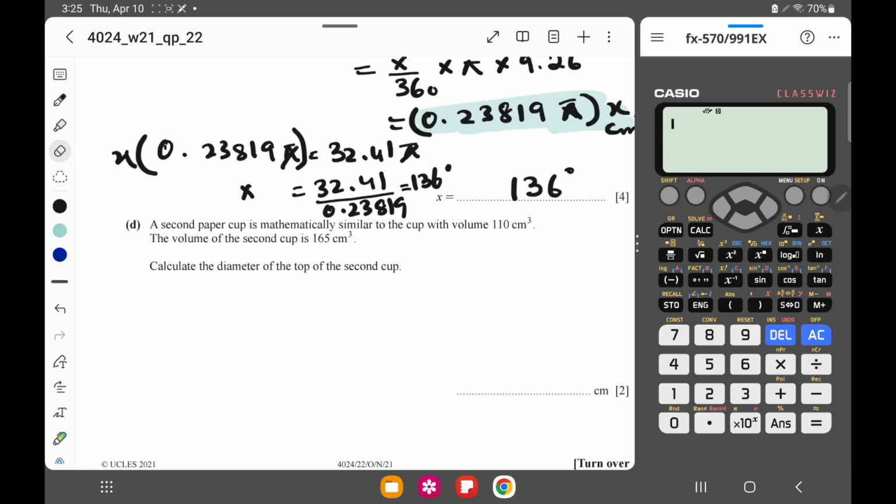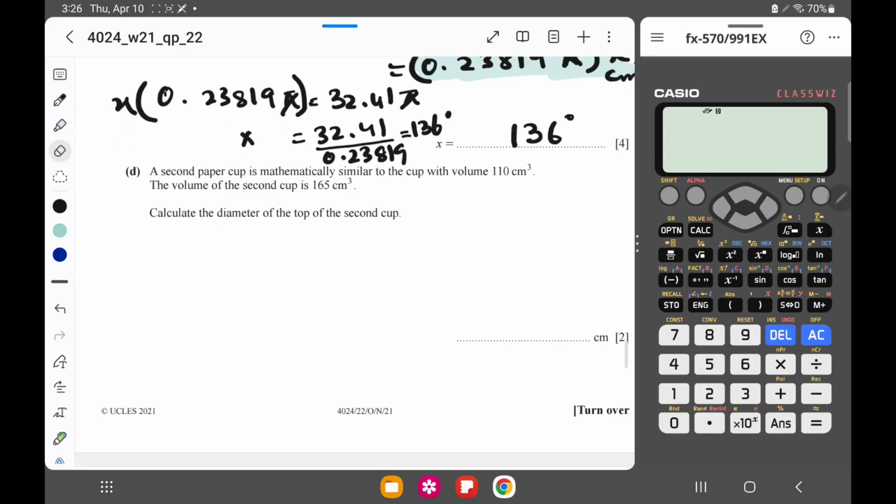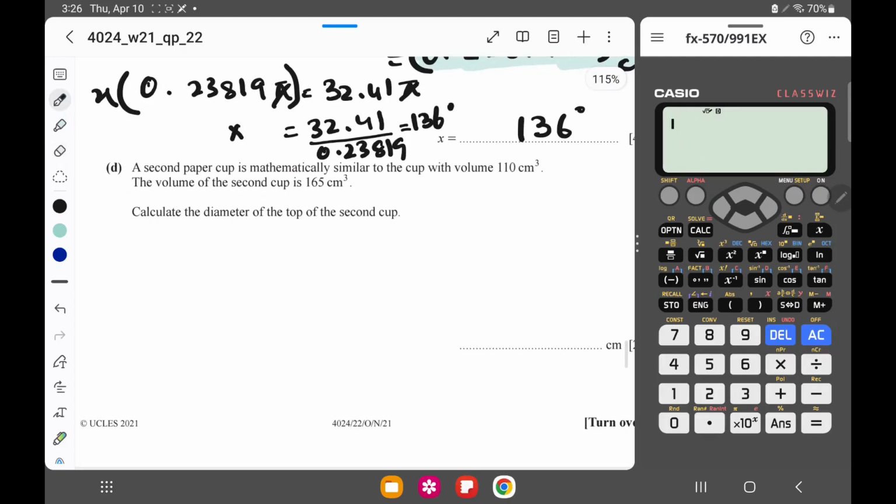Alright, for this part, we quickly write down the values like in the previous questions. A second paper cup is mathematically similar to the cup with the volume 110 cubic centimeters. The volume of the first cup is 110 cubic centimeters and the volume of the second cup is 165 cubic centimeters.